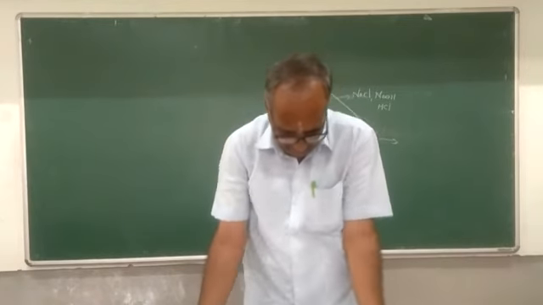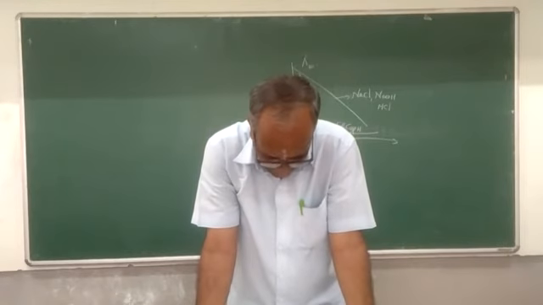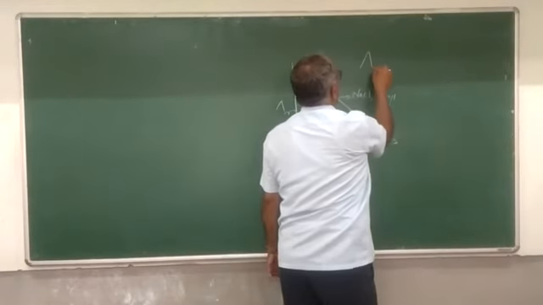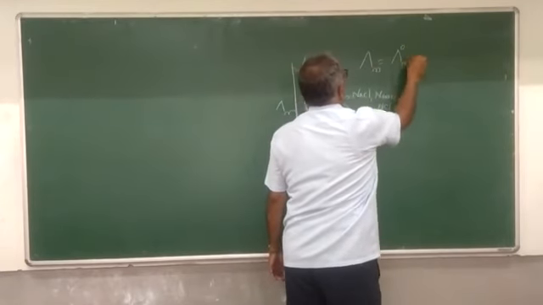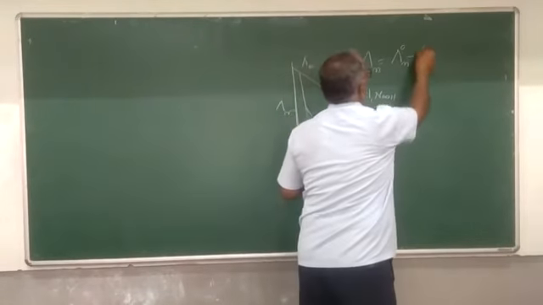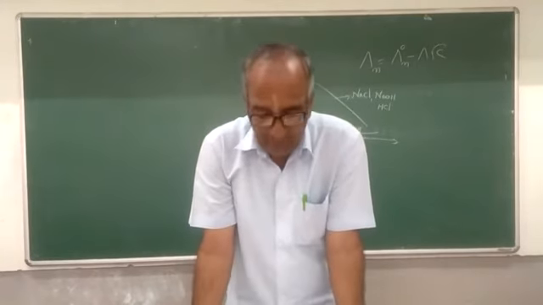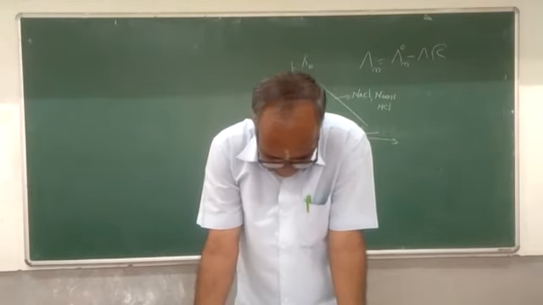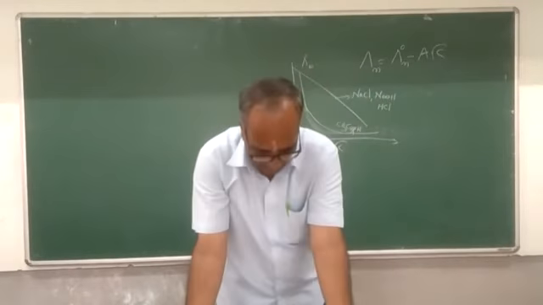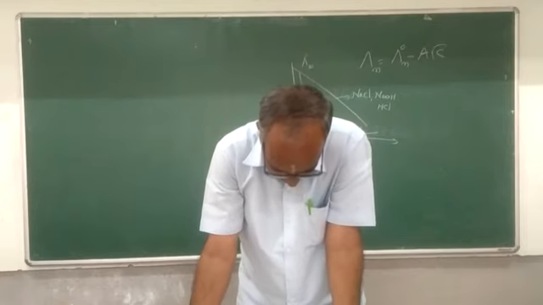So the graph represents the molar conductivity, and the molar conductance at infinite dilution is related to concentration as mu m is equal to mu m naught minus A into root of c. Here mu m naught represents the value at infinite dilution, A is a constant factor, and root of c is the square root of concentration. In case of a strong electrolyte, A is constant for a given electrolyte.